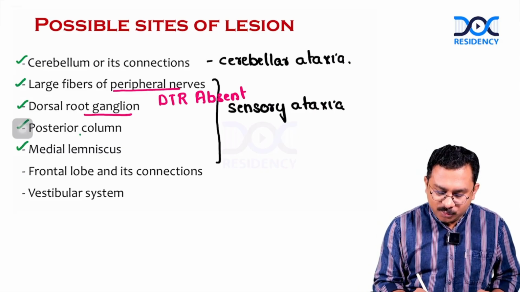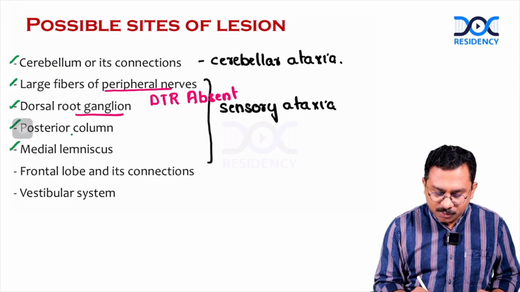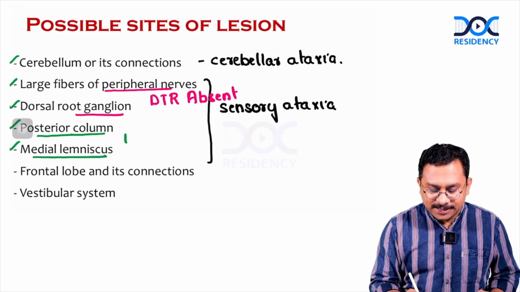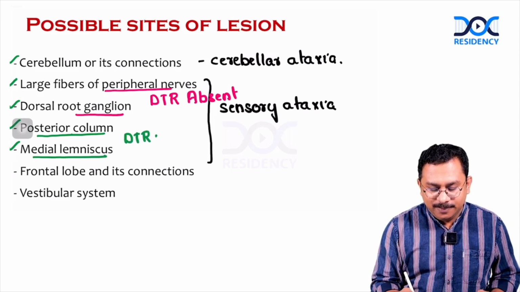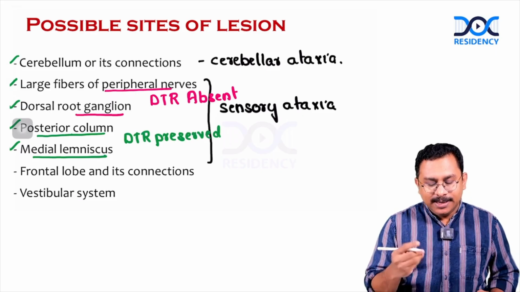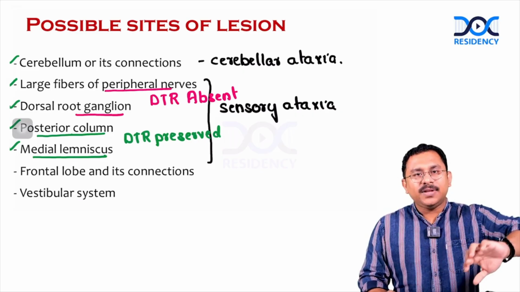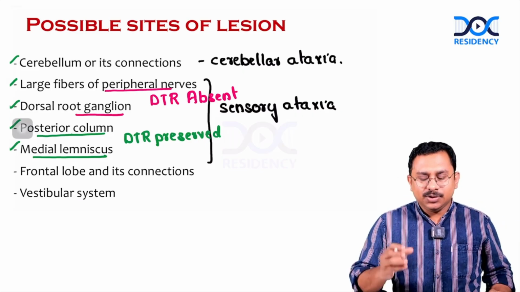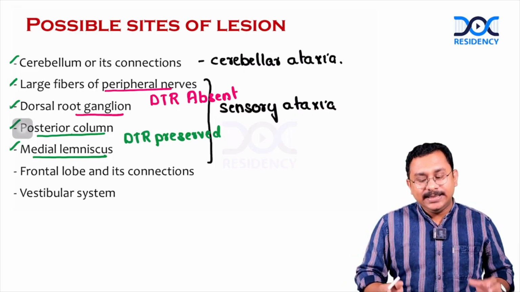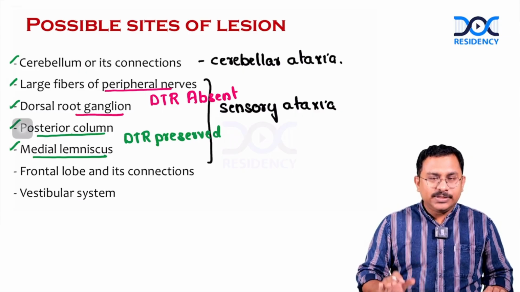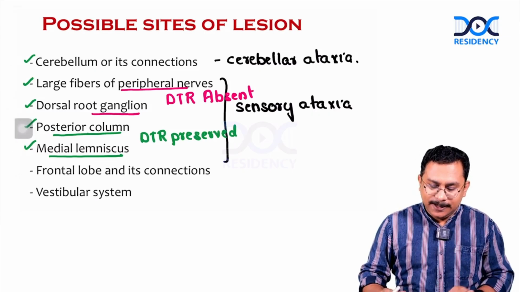Whereas when there is a posterior column lesion as well as a medial lemniscus lesion, the DTR will be preserved. Because the large fibers of peripheral nerves and dorsal root ganglion are a part of the reflex arc, when there is a lesion involving those sites, the deep tendon reflexes may be absent. So these four sites are called a sensory ataxia.